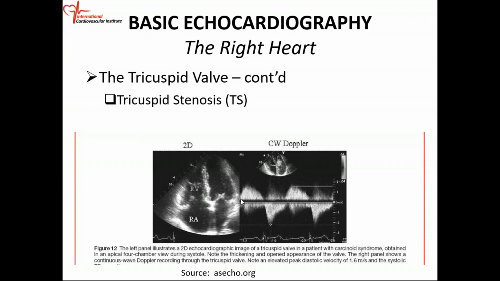And if you just do planimetry, you will get an idea of how stenotic the tricuspid valve is. And then this systolic signal is your tricuspid regurgitation. You can see it looks triangular, so it's probably pretty severe. That is because the valve is both stenotic and regurgitant.